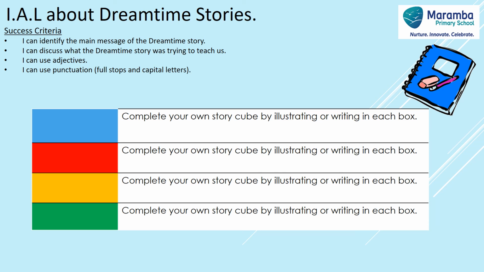Yellow group and green group, you will be writing at least one sentence if you can fit it in, and if you've got the space, you may put in a picture on your cube. Then, of course, cut your cube out, glue it together, and send us a photo. Have fun with that, guys.